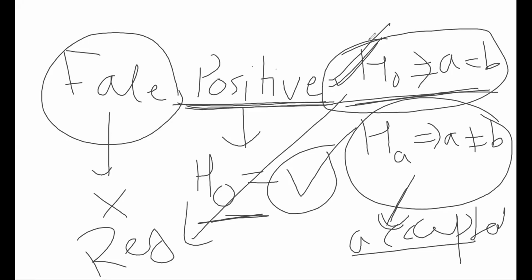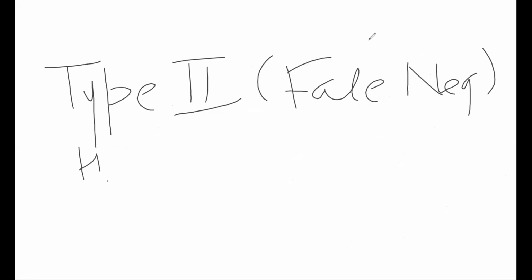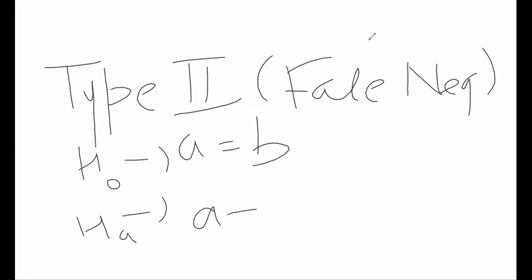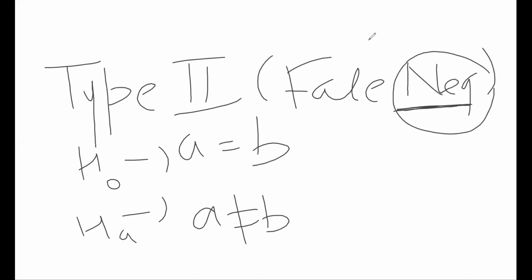Next, we will talk about type 2 error, which is called a false negative. Similarly, H naught, HA. H naught means A is equal to B, HA is A is not equal to B. This means that our null hypothesis would be negative, that means this is false.